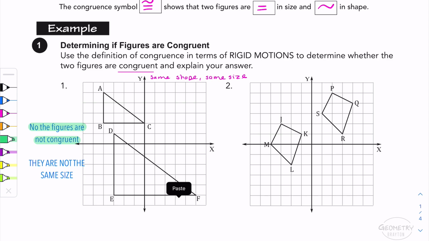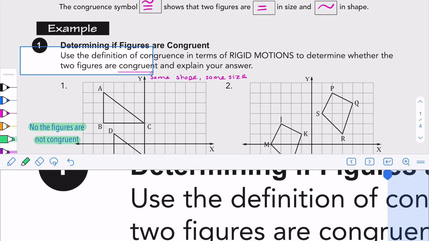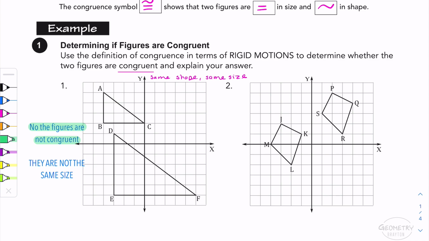Number 2, however, does look like these two figures are congruent. So if I compare the different points, if I compare trapezoid JKLM to the figure PQRS, it appears that this figure just shifted in the coordinate plane.